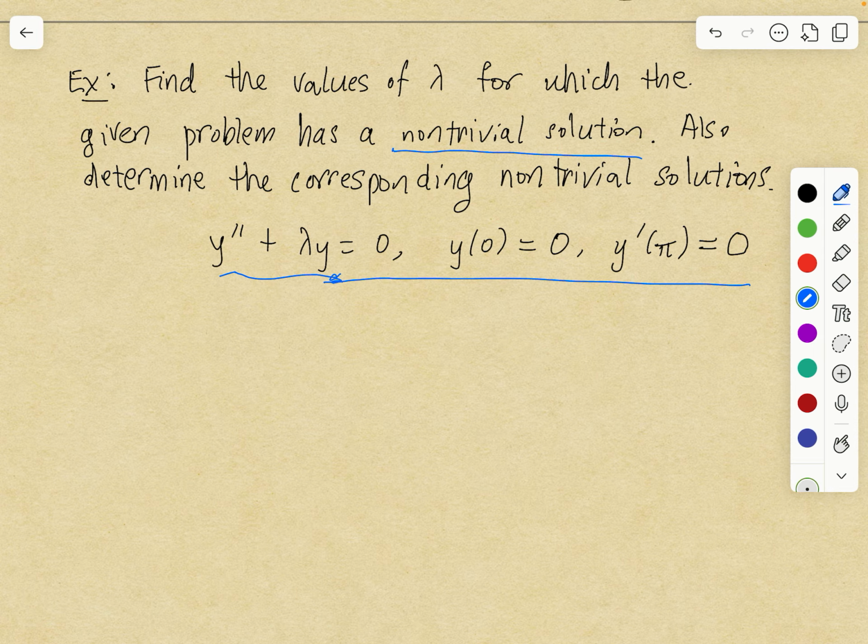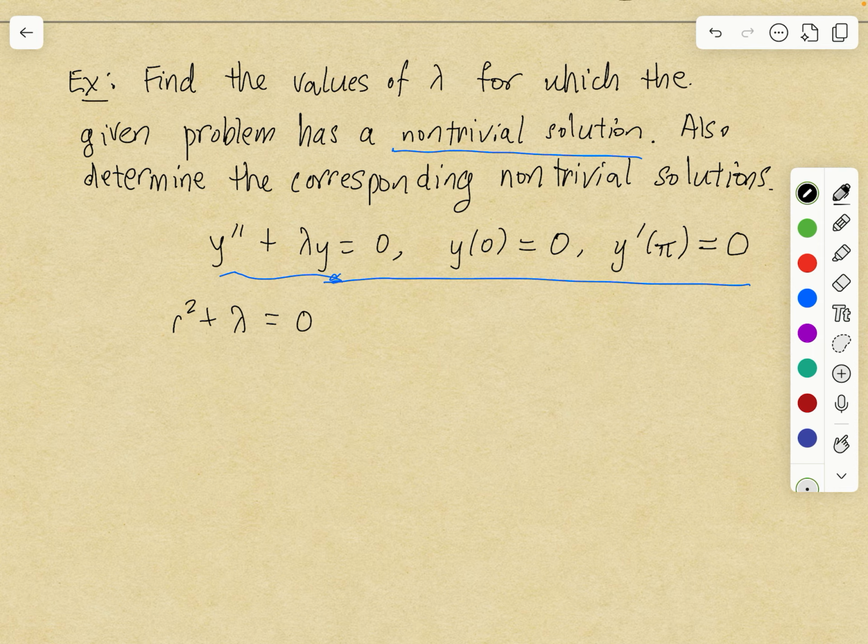Okay, well, there are three cases. We're going to have to find the characteristic equation for this differential equation, and it's going to be r squared plus lambda equals 0. But the roots, the values of r that make this true, are going to depend on whether lambda is positive, negative, or 0.